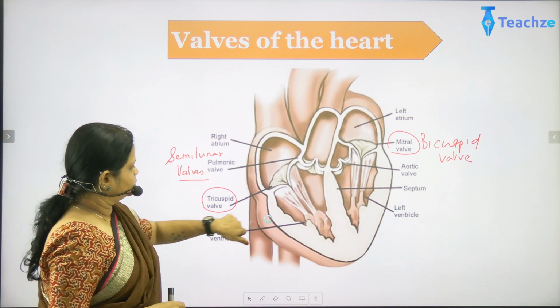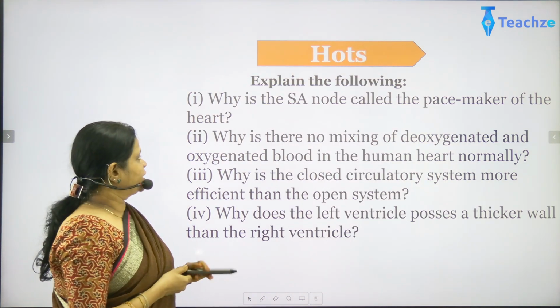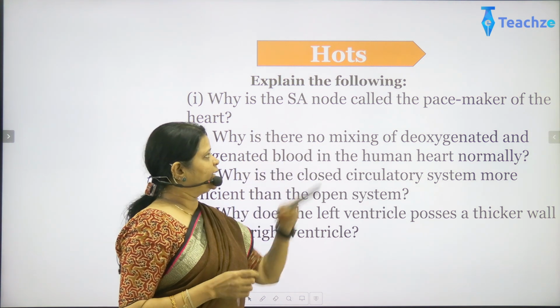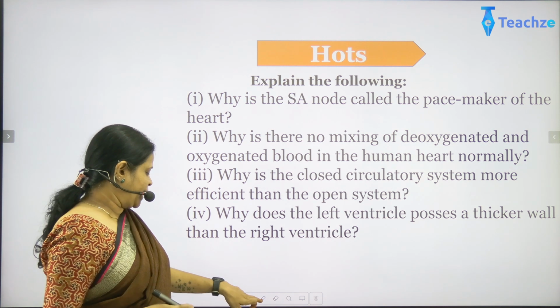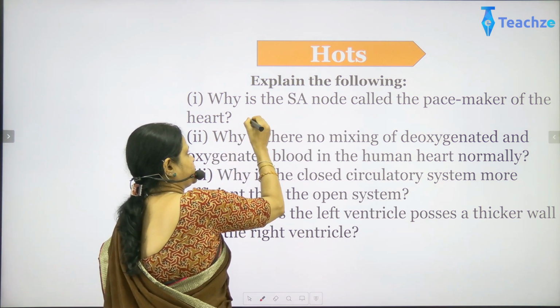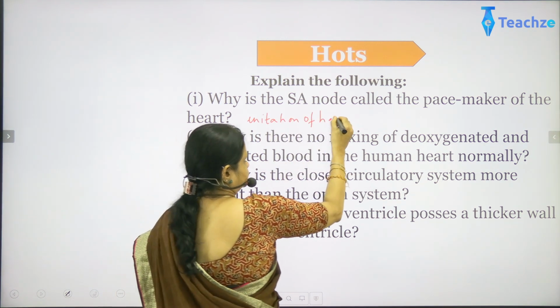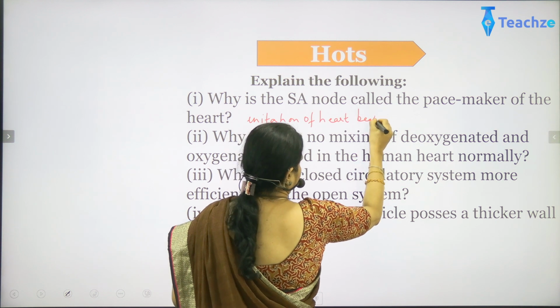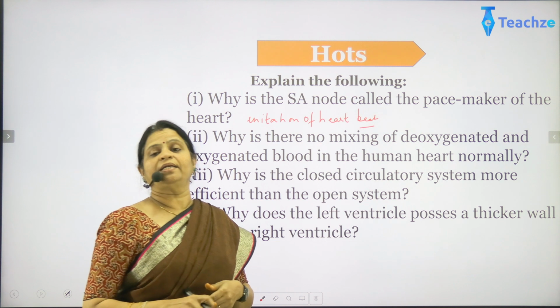Now coming to some of the questions we are going to look at. The first question: why is the sino-auricular node called the pacemaker? We just saw it, because this is the place where the initiation of the heartbeat takes place. Why is there no mixing of deoxygenated blood and oxygenated blood in the human heart?